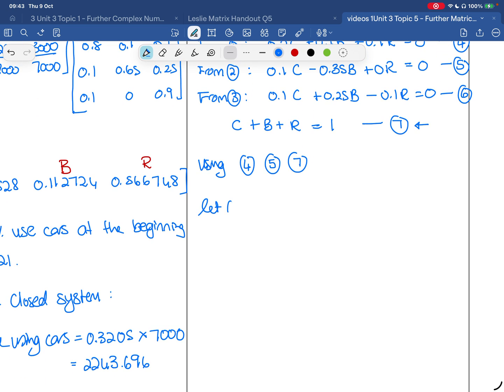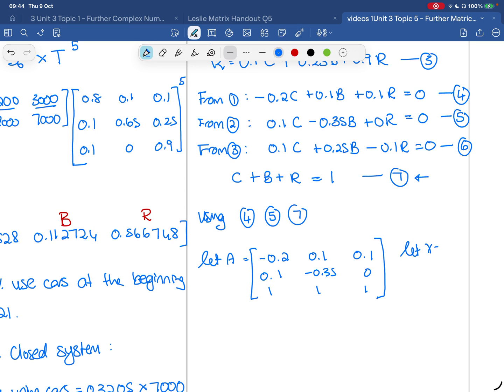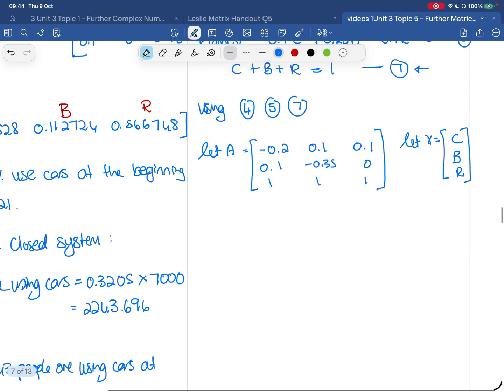So let A be, so I've got negative 0.2, 0.1, 0.1, 0.1, negative 0.35, 0, and 1, 1, 1. Okay, and let X, my variables are going to be C, B, R, and I've kept everything in that order so that I'm making sure I'm okay.